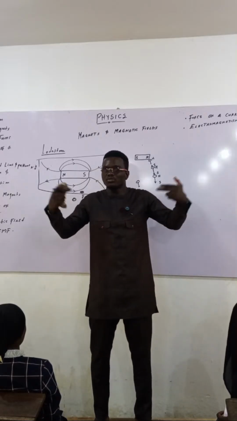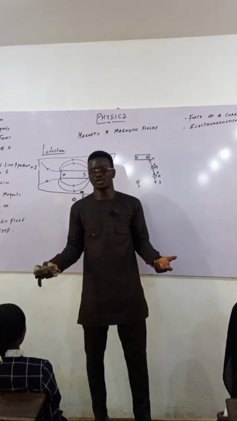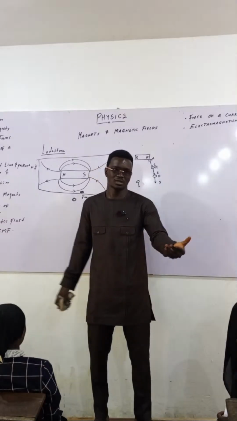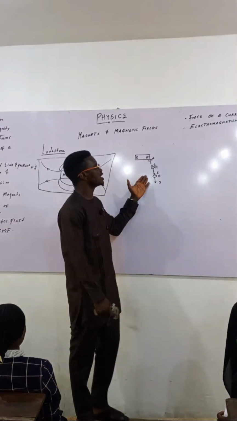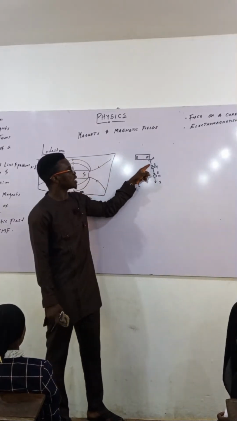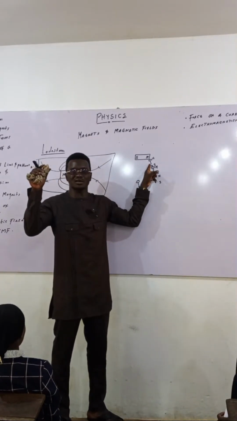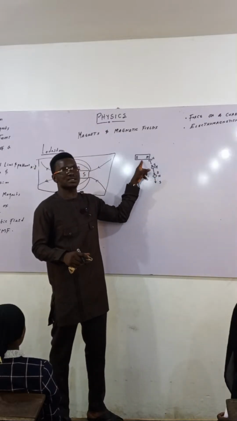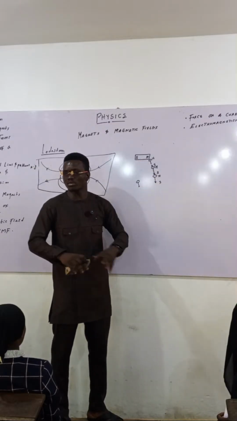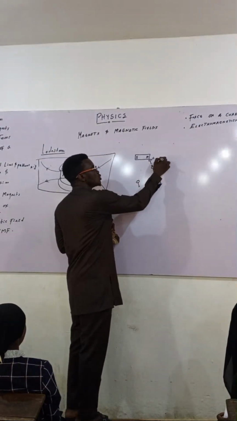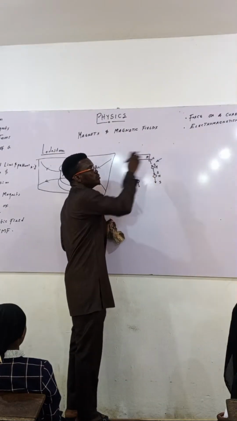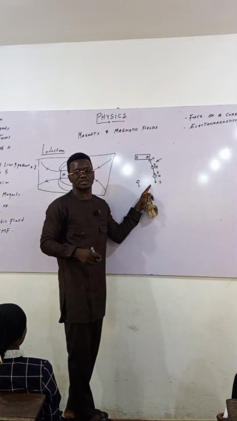Normally, the woman should be able to produce it herself, but just to make it come easily, you can give such a woman such hormone. So it's the same thing here. This is actually not a magnet, it's just a metal. But bringing it close to a magnet, the magnet makes it become a magnet too. And now imagine, the moment I break this one off, by the time I remove this, what do you think will happen to these ones?